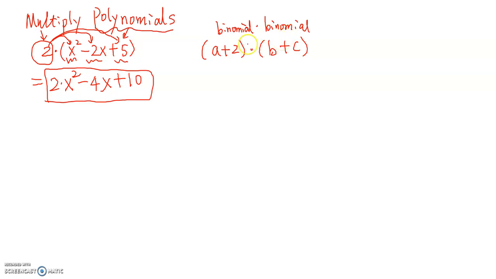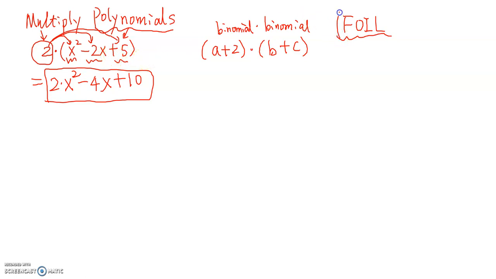So if you have learned something called FOIL before, F-O-I-L, you can use that rule. And if you have not heard of it before, we're going to show you a different way to do it, which is pretty much using the distributive principle twice.